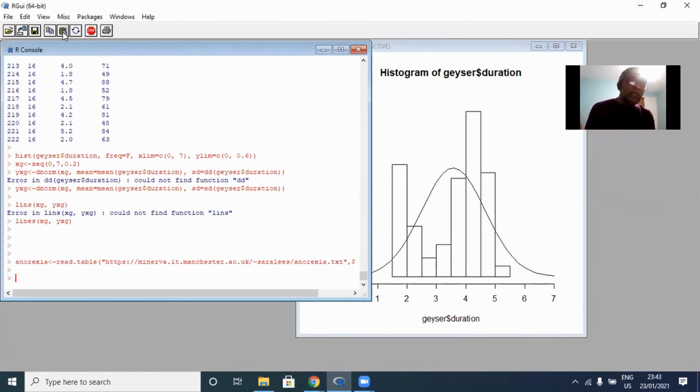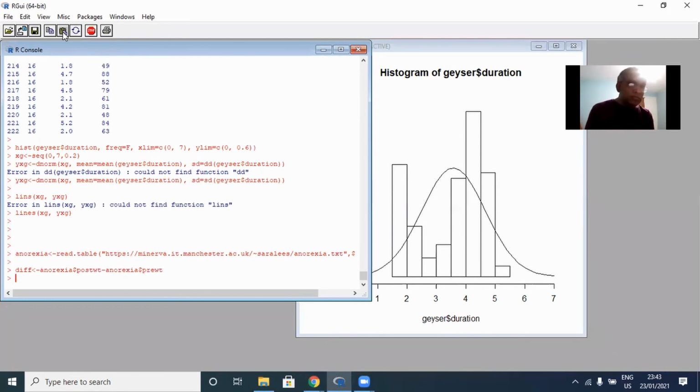Now we want to create 3 different data sets corresponding to the 3 different treatments, right? So first of all, let's create the differences in weight, which is the difference between the weight after the treatment, which is post weight, minus the weight before the treatment, which is pre-weight.